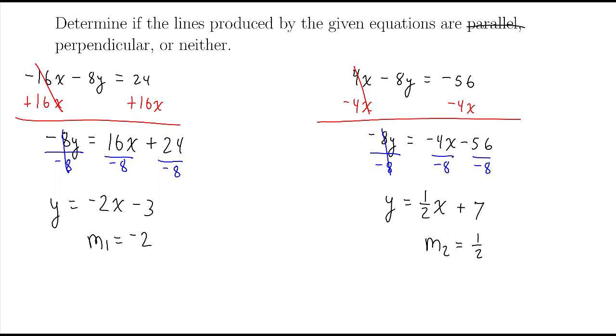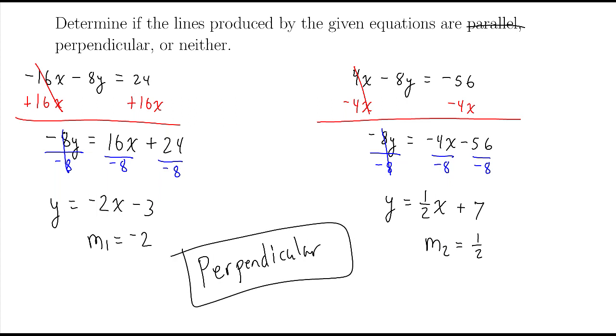Is 2 the reciprocal of 1/2? Yeah, it is. If you think about it, 2 is the same thing as 2 over 1, and that is the reciprocal of 1 over 2. So they are opposite signs, and they are reciprocals, so therefore they are perpendicular lines.